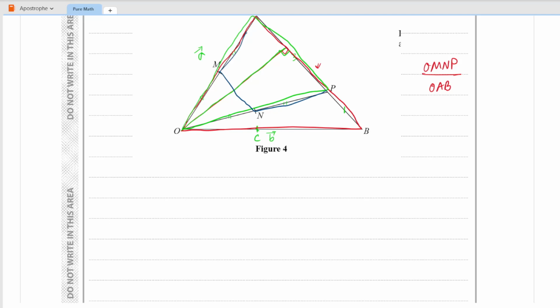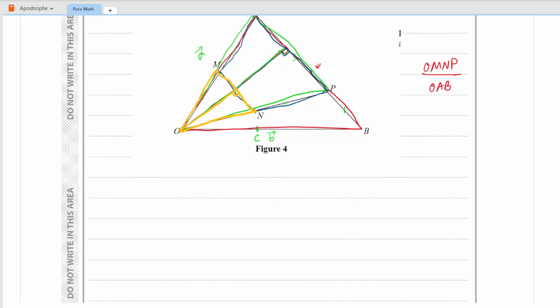How do I know it's a trapezium? Okay, this is the height, or the distance between the parallel lines, and another one, which is this one. If we take OMN, also this is the line, this is the height, which is half of the height of triangle OAB or OAP.